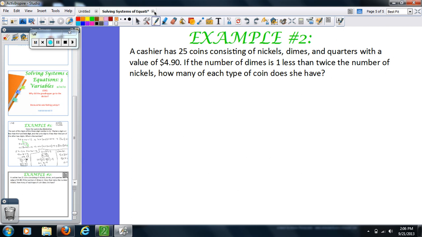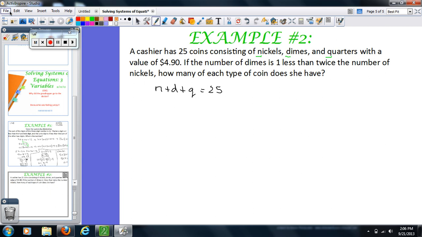So I now have my 3 variables. We're going to go with N, D, Q. And I know that the number of nickels plus the number of dimes plus the number of quarters is going to give me 25 coins total. So I have N plus D plus Q equals 25.